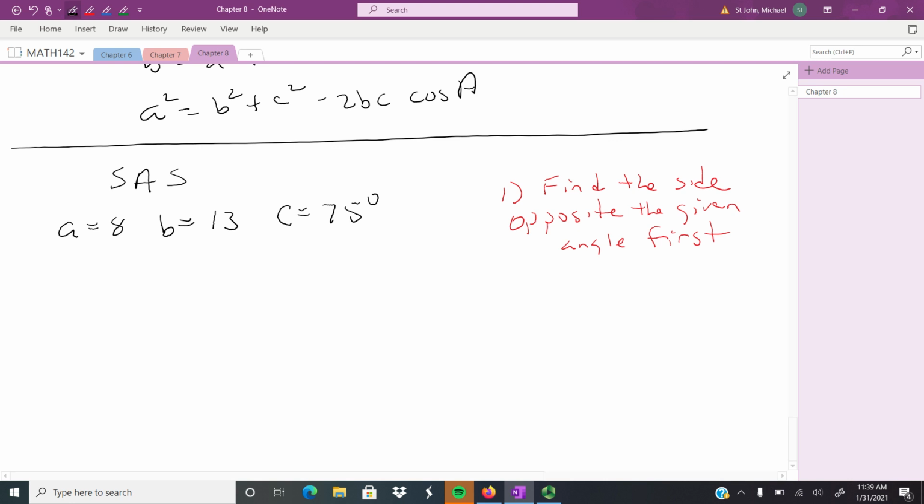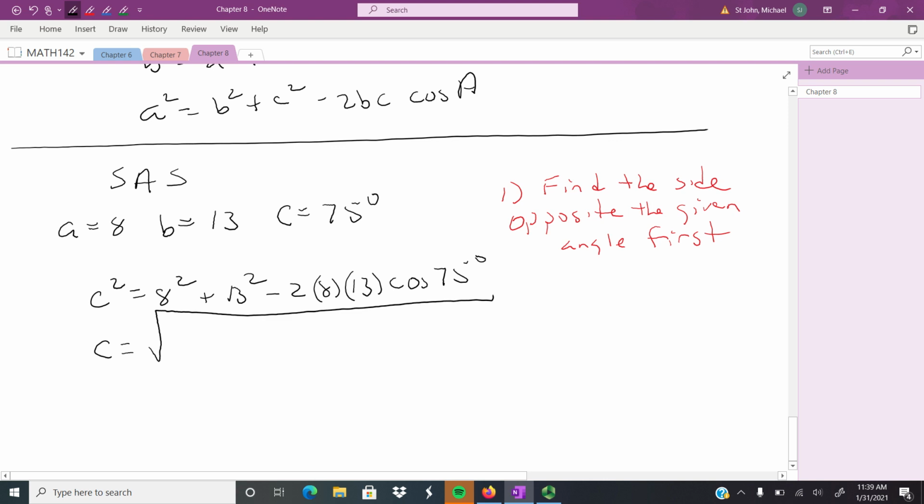So we have C squared equals 8 squared plus 13 squared minus 2 times 8 times 13 cosine of 75. What you should be able to do is just say C is going to be the square root of all of that stuff.